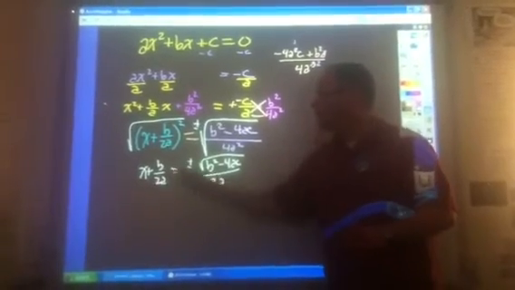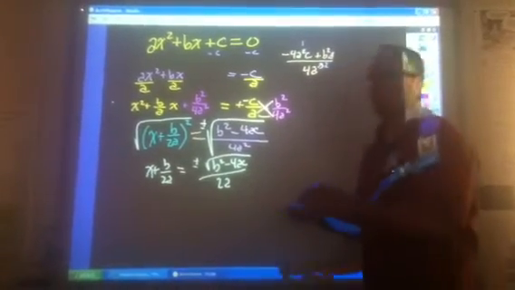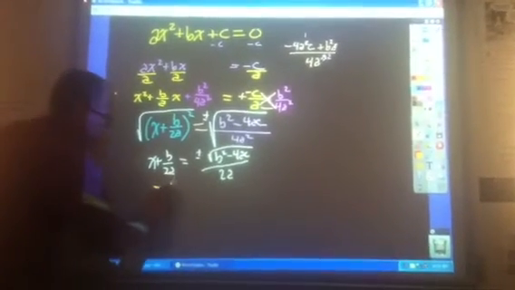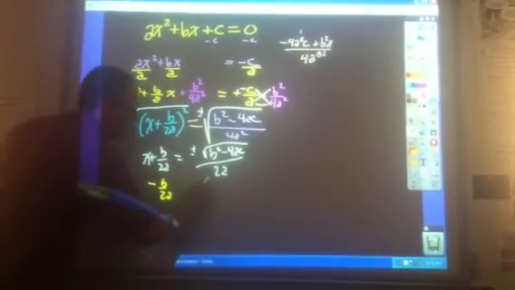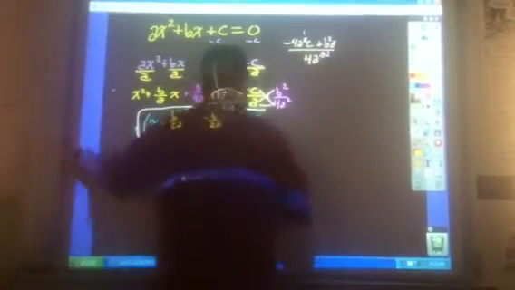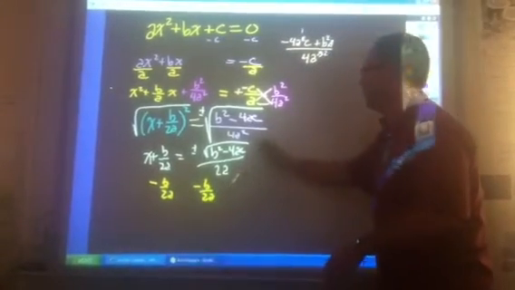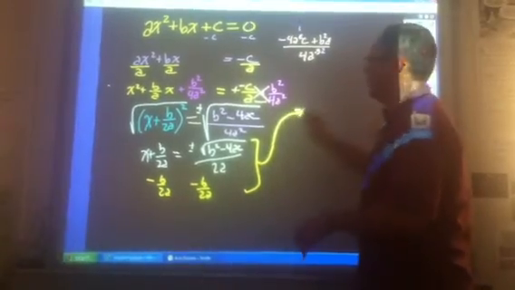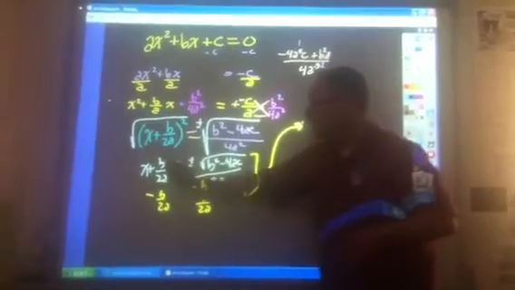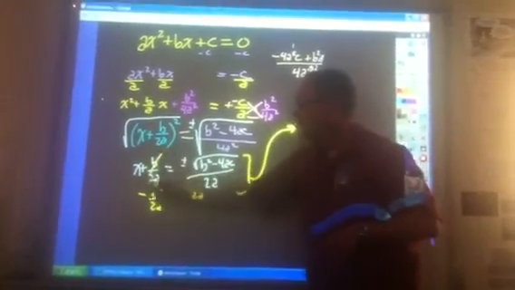What do I need to bring over? How do I bring this over? You need to subtract it. Yeah. So I'm going to subtract b over 2a from both sides. So let's bring this over here. What do I have left on the left side? X. So those are gone.